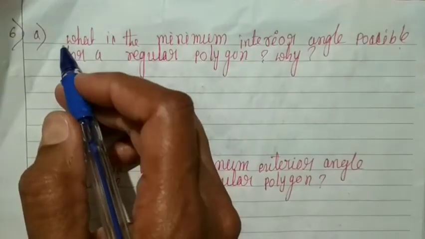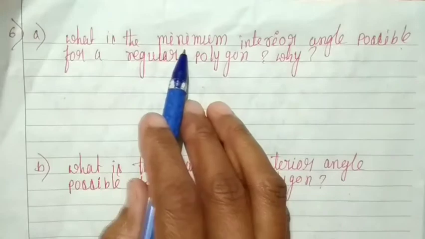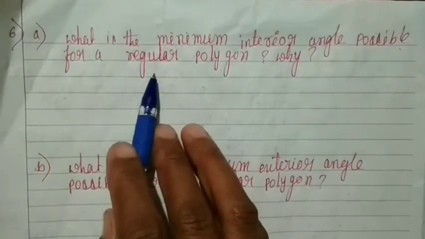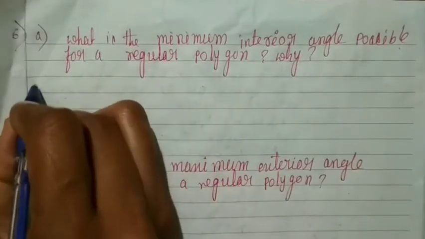Sixth problem A. What is the minimum interior angle possible for a regular polygon? Solution.